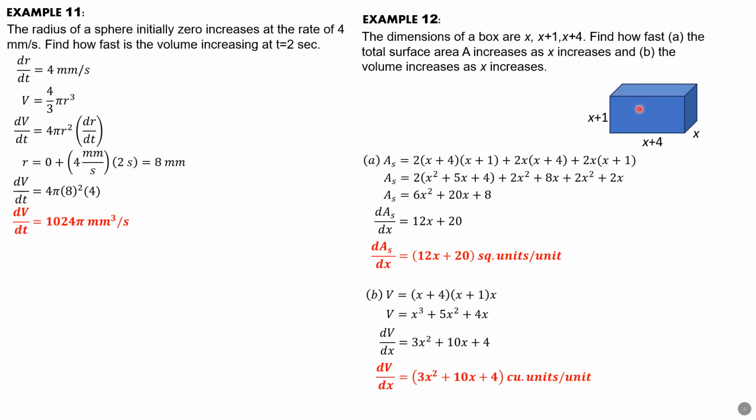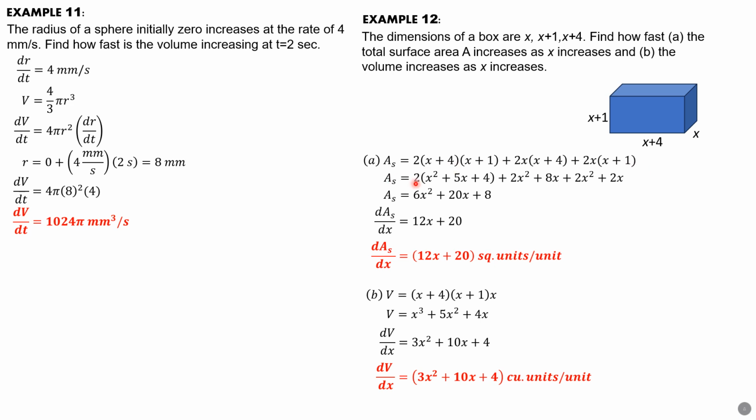So this is the total surface area: 2 times the front area, because the rear area is also the same, 2 times quantity x plus 4 times x plus 1, then plus 2 times top and bottom area, 2 times x times x plus 4, then finally 2 times right and left surfaces, so 2 times x times x plus 1.